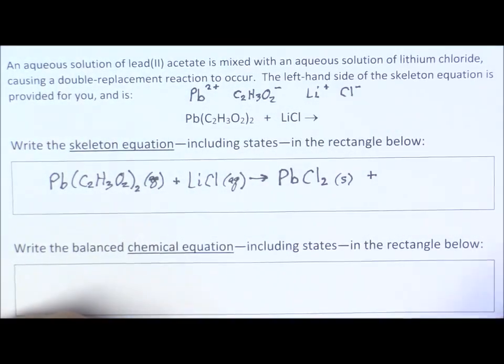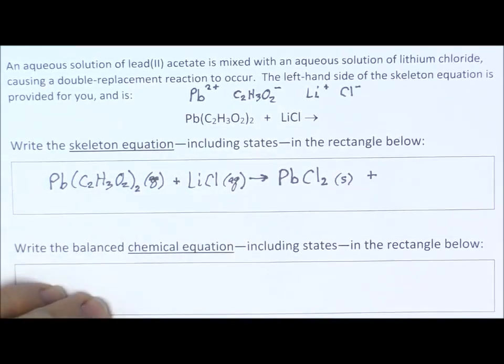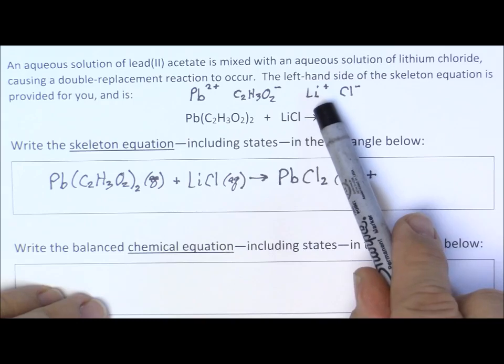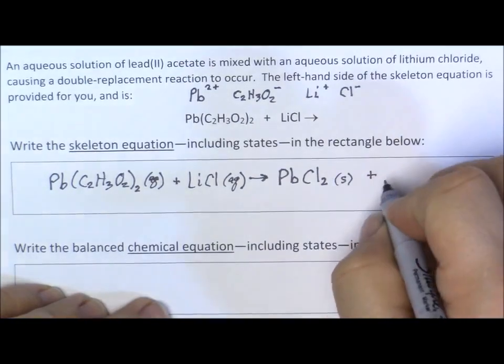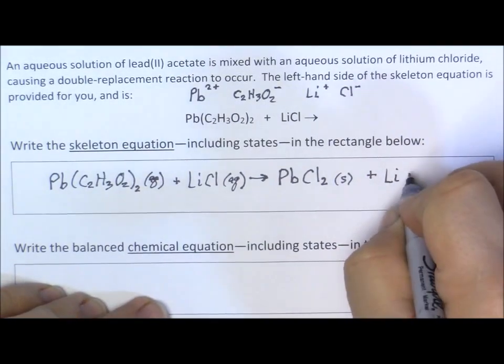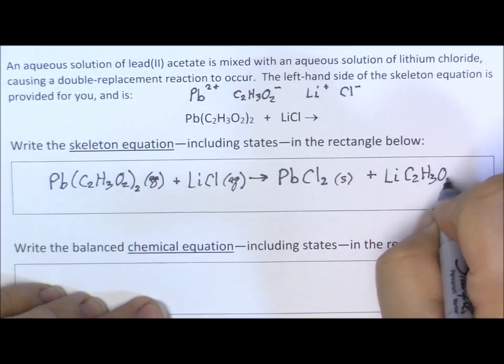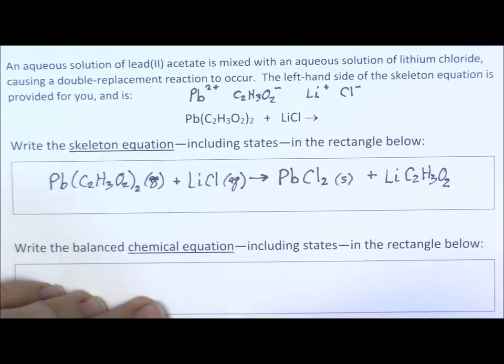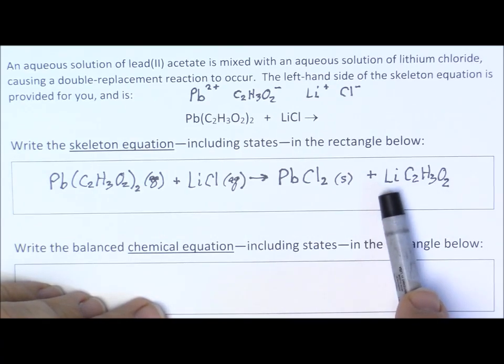And the remaining compound will have to be lithium acetate. Lithium has a charge of +1, acetate has a charge of -1, so we just need one of each. Lithium acetate, C2H3O2. And again, we're faced with the question: solid, liquid, gas, aqueous, what is it? Consulting the solubility rules for ionic compounds, salts of alkali metals and ammonium are soluble.